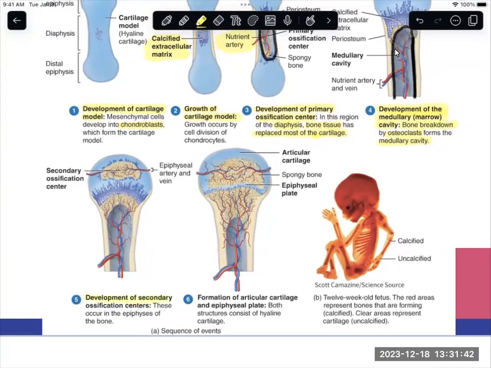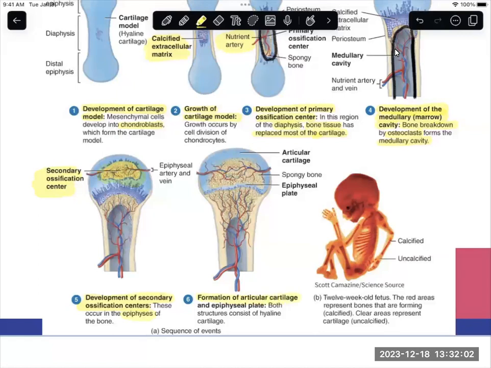Now we need to fix the end of the bones. So we make secondary ossification centers at the top and technically at the bottom of each bone. So in the epiphysis, since we have an epiphysis at the top and an epiphysis at the bottom, it's going to happen at both places.